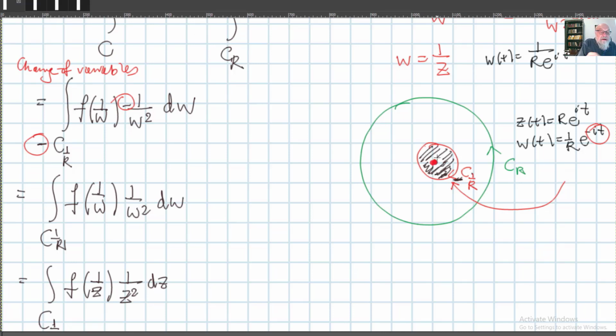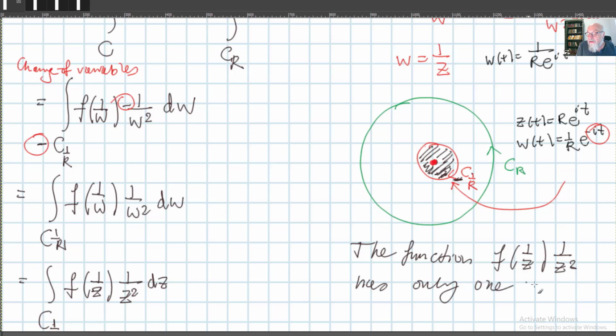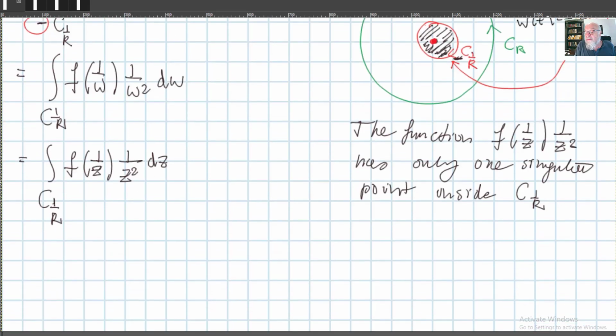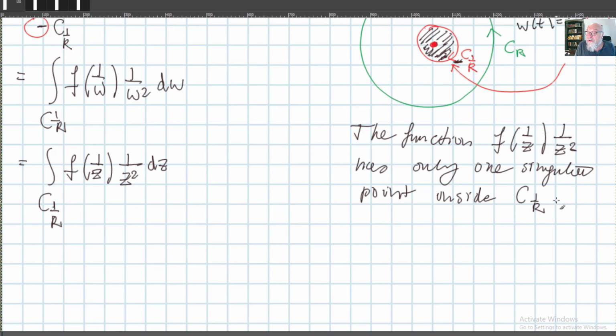So we can notice here that the function, put it clearly, f of 1 over z times 1 over z squared has only one singular point inside C1/R. And this is exactly the point z0 equals 0.